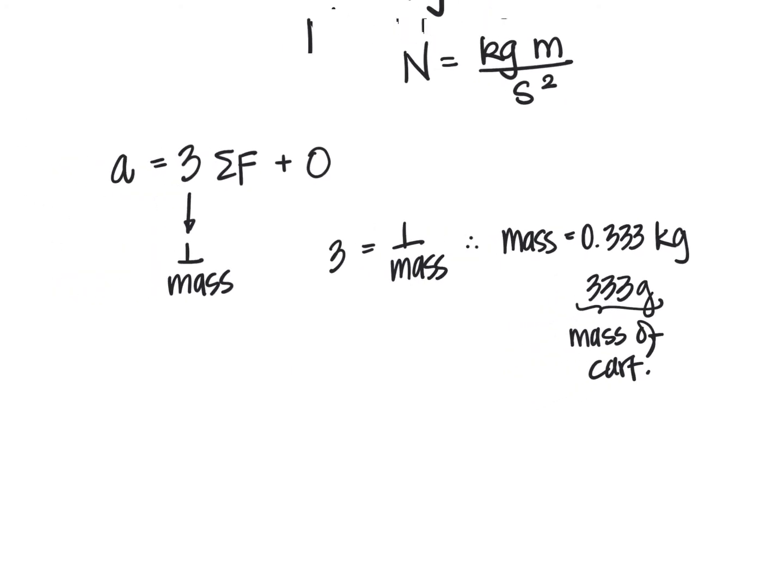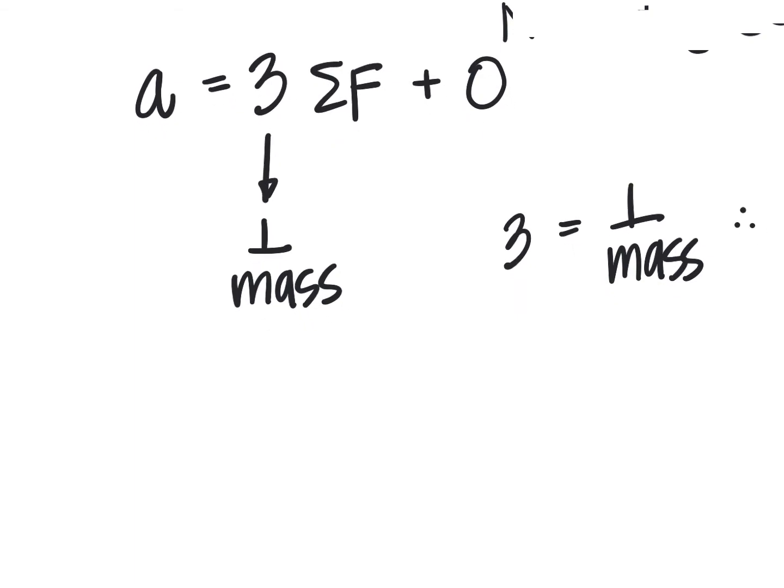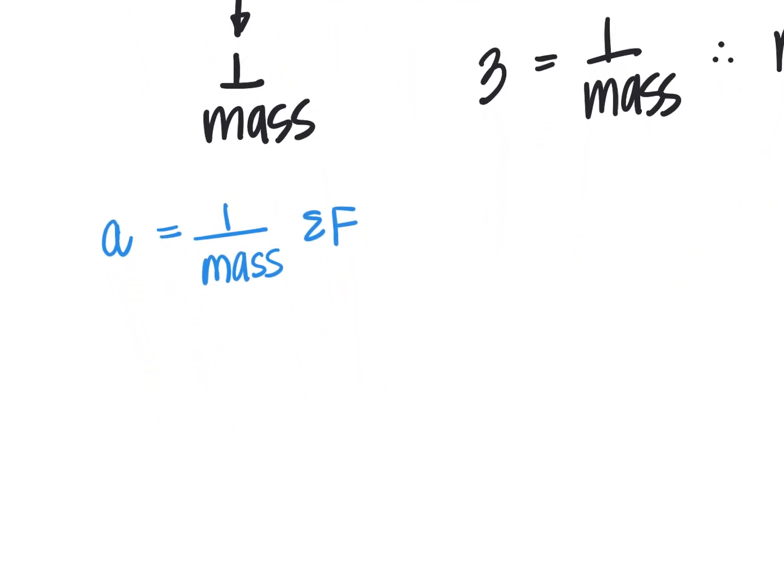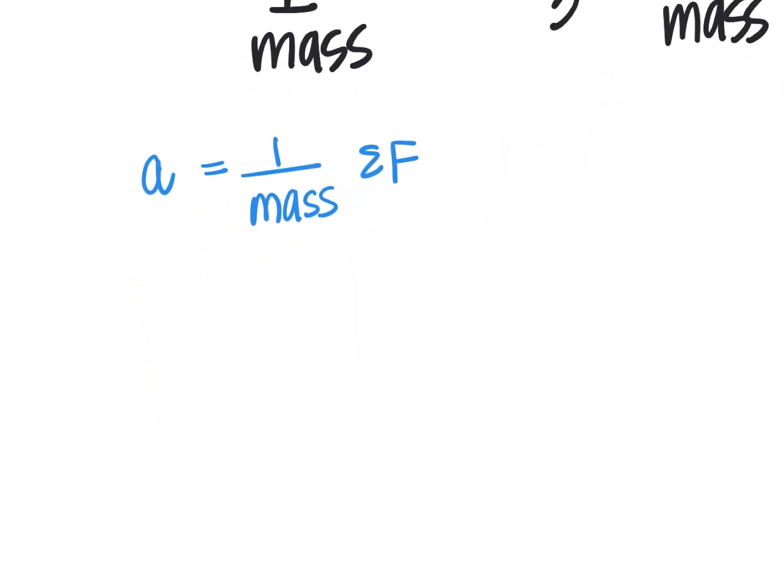So that means we can write this more generally as the acceleration is equal to 1 divided by the mass. And I'm writing out the word mass because m looks like slope, and we've done a lot of slope here. So then this acceleration is equal to the net force divided by mass.